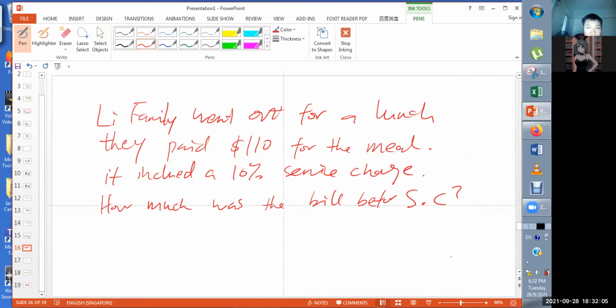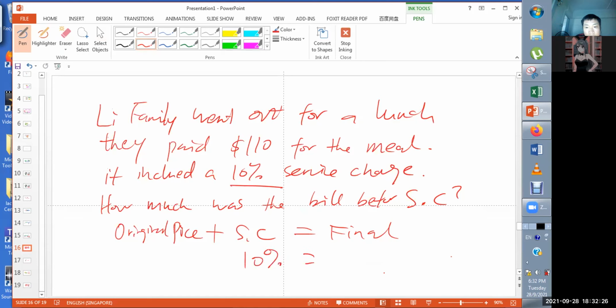So something plus the service charge gives you the final bill, right? So that means this is the original price. Service charge, they say 10%, right? So original price is always 100%, right? So that means the final is 110%. Does it make sense?